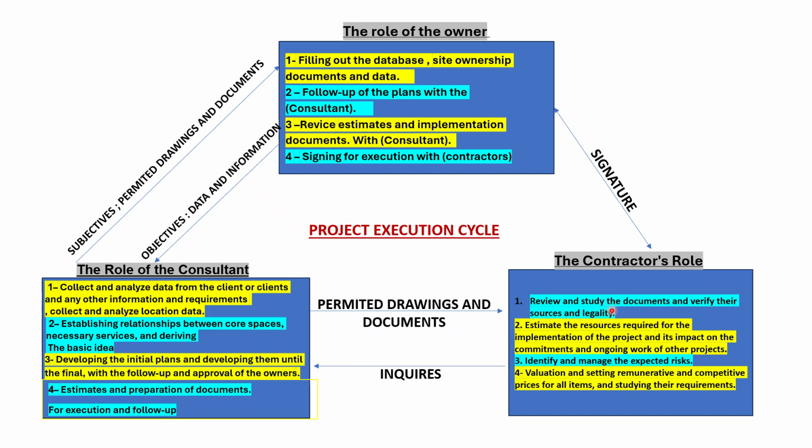And then the contractor estimates the resources required for the implementation of this new project and its impact on the commitments and ongoing work of other projects. This contractor may have other projects, so he has to study how this new project affects them and the other clients he has.